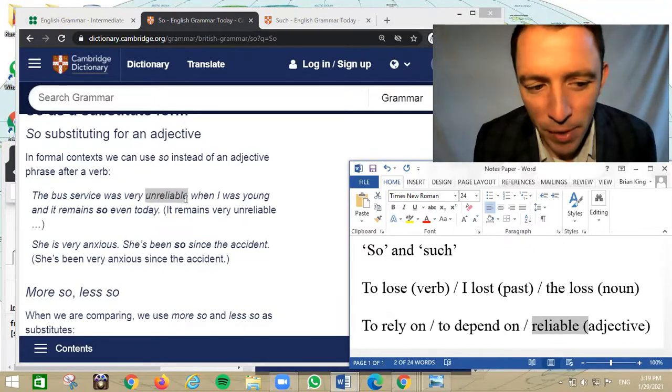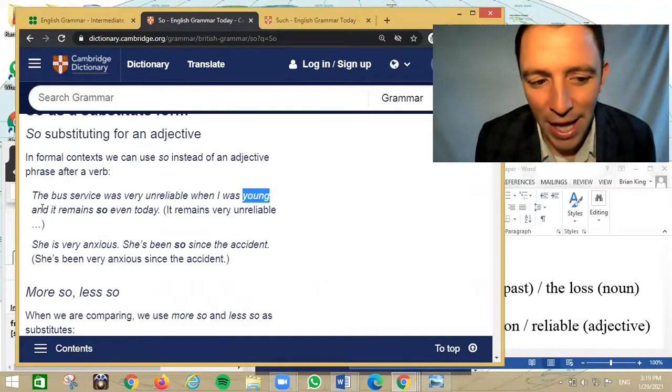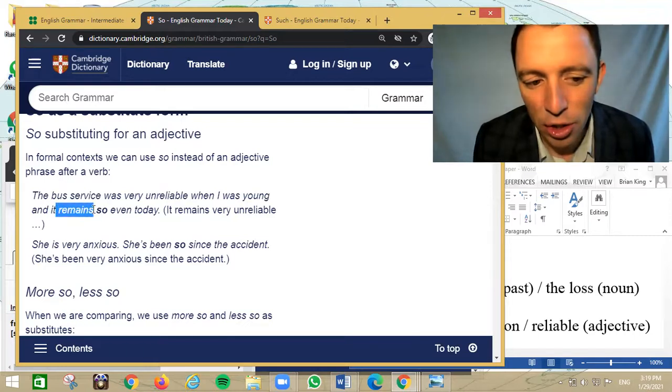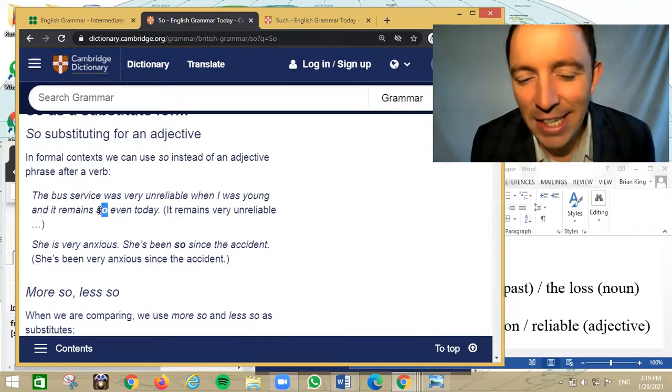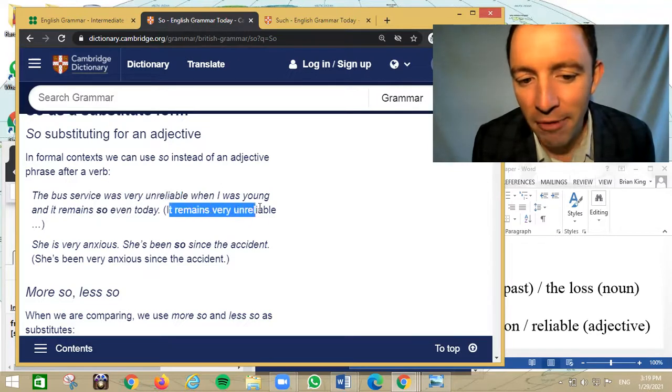When I was young, cuando, okay, I was young, joven, and it remains so. So it continues so. In this case, it's the substitution for the adjective. So is the substitution for the adjective, and the adjective was unreliable, so it remains very unreliable.